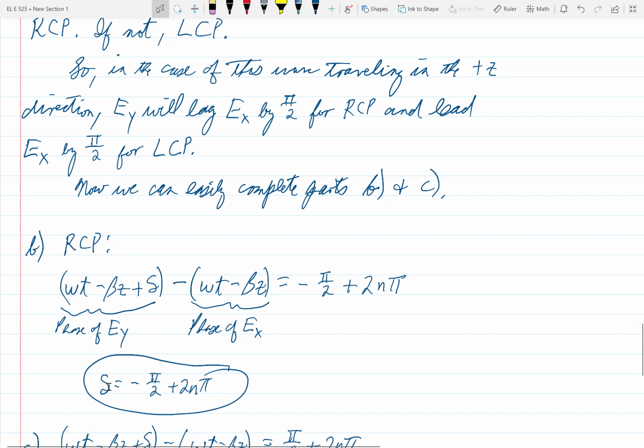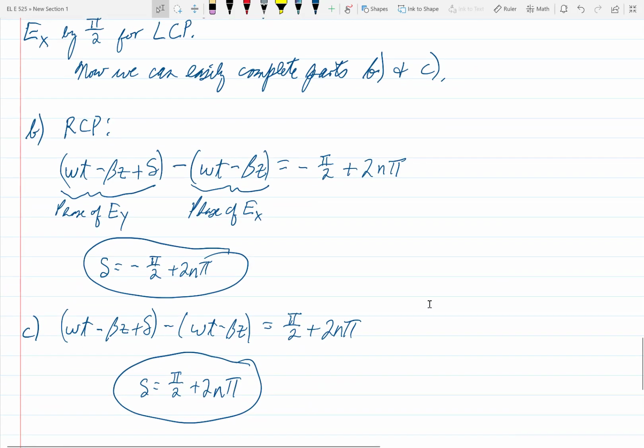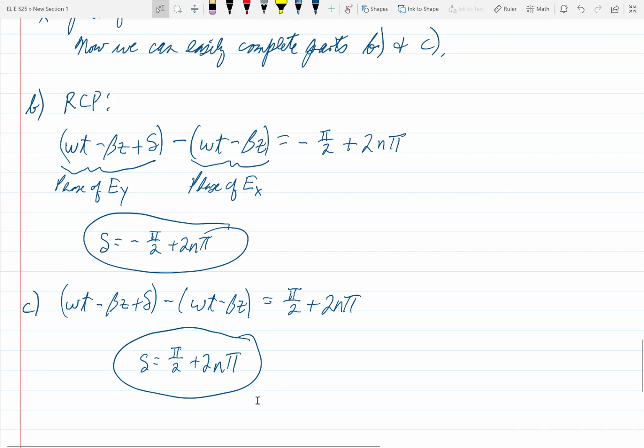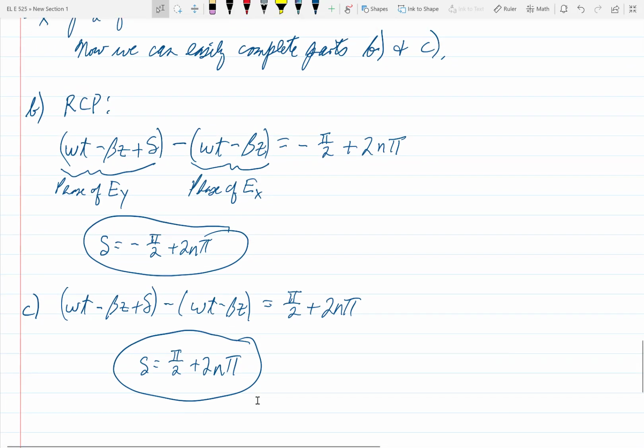So we get delta, once we go ahead and simplify this, omega t goes away, minus beta z minus the negative beta z goes away. So we have delta is equal to minus pi over 2 plus 2 n pi. And on the other hand, for left circular polarization, we'll get delta is equal to positive pi over 2 plus 2 n pi. So if you do this kind of problem in this way, it's really straightforward.